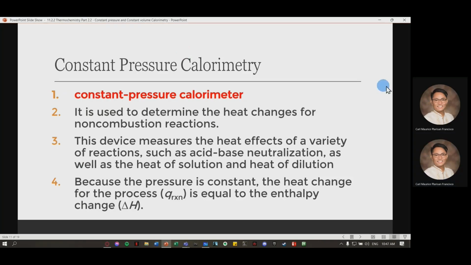Next one. Let's have here constant pressure calorimetry. Now for constant pressure calorimeter, what's the purpose of the constant pressure calorimeter? Now the purpose of constant pressure calorimeter is to determine, calculate the heat changes for non-combustion reaction. Okay, so kabaligtaran naman.